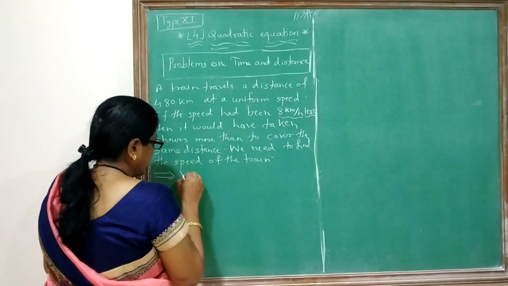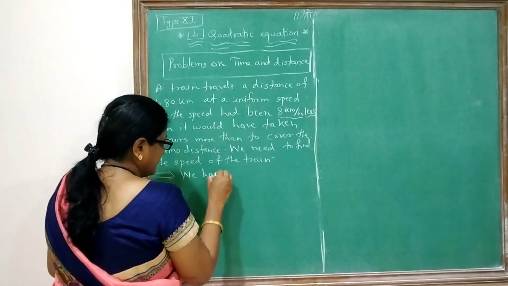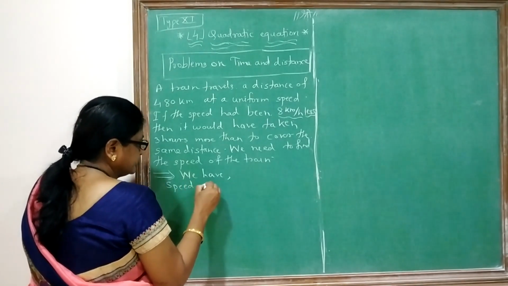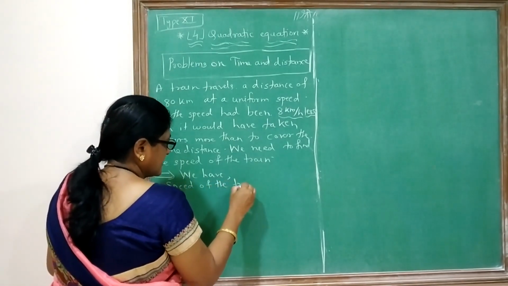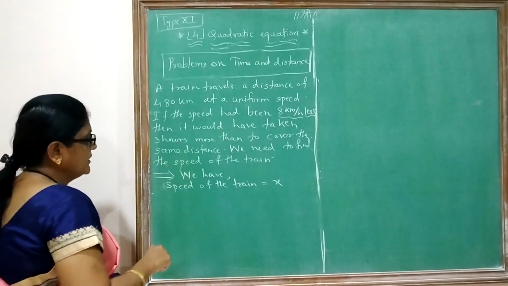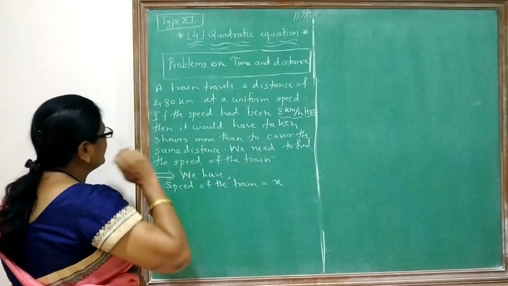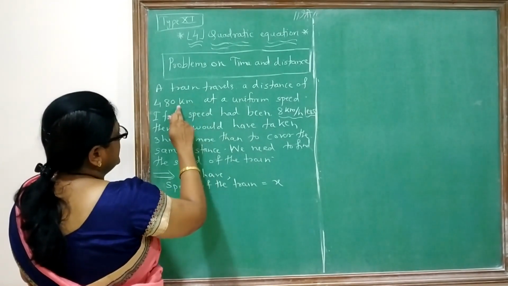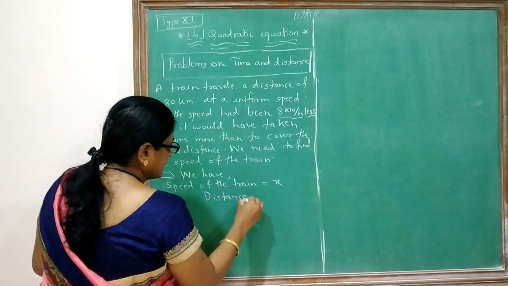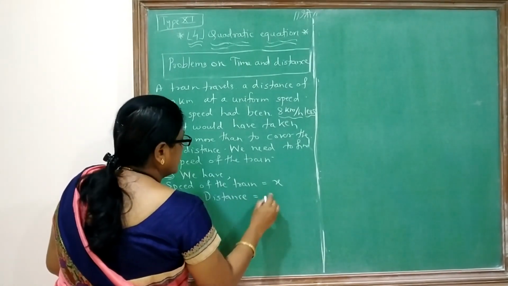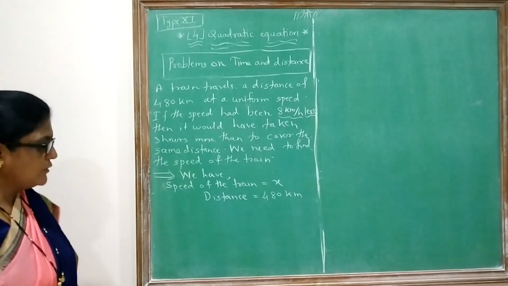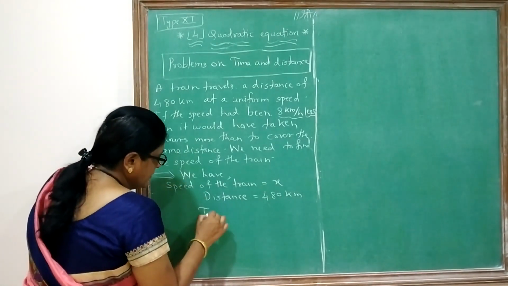Then we have speed of the train equal to x. Here your distance is 480 kilometer. What is your time formula?